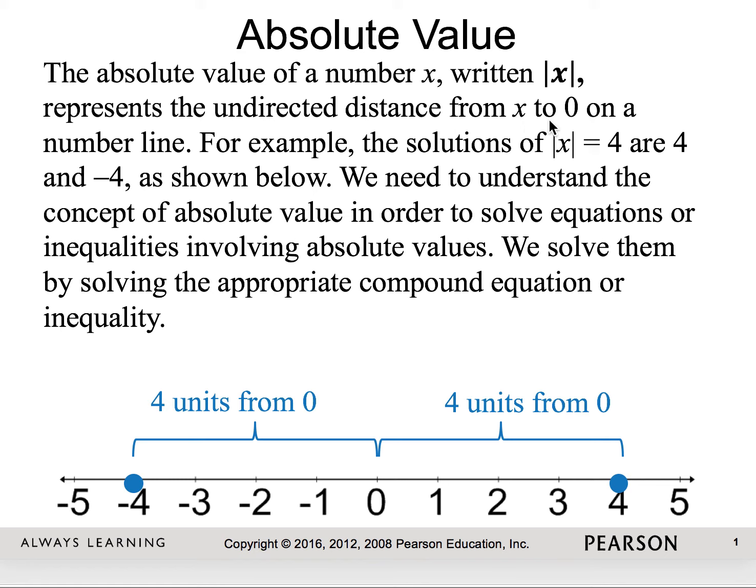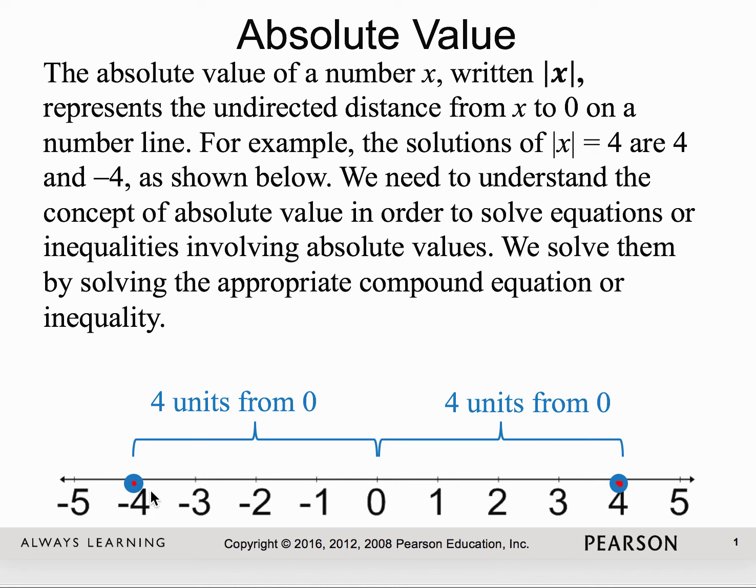So for example, the absolute value of x equals 4 is asking, what numbers are 4 units away from 0? And here's 0. So there's this value that's 4 units away, but there's also this one that's 4 units away.